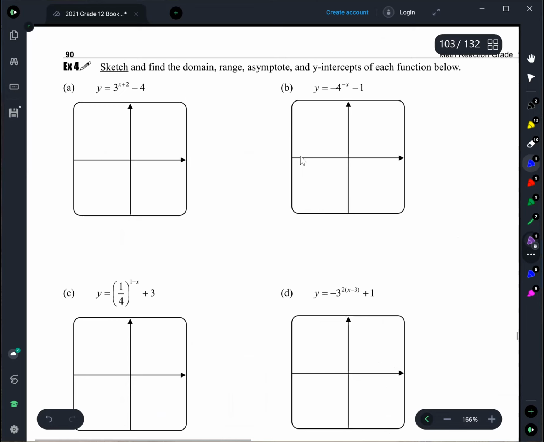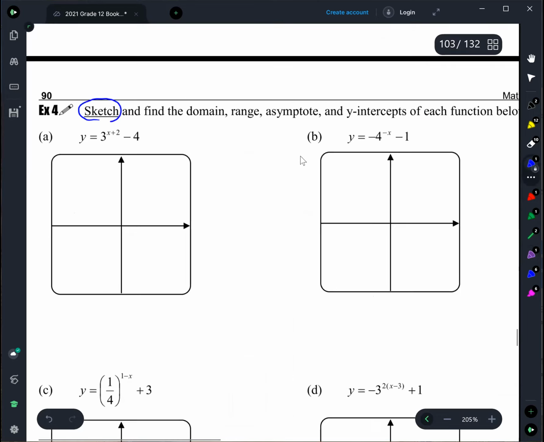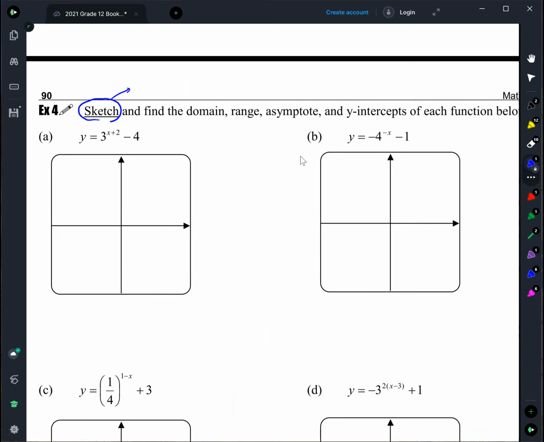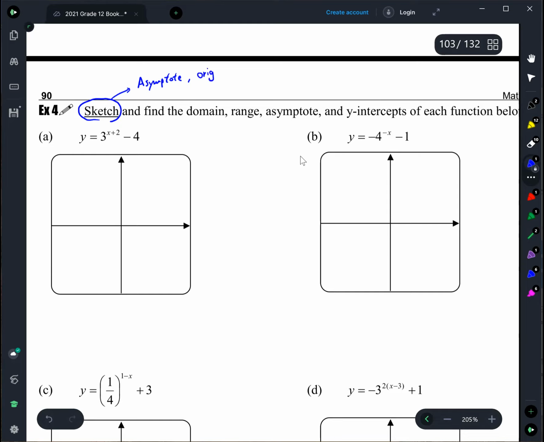So meaning you don't need a table, okay? What I'm looking for is, when you're just sketching, I need to see the asymptote line. That's very important, right? And then I also need to see where the original (0, 1) is, right?